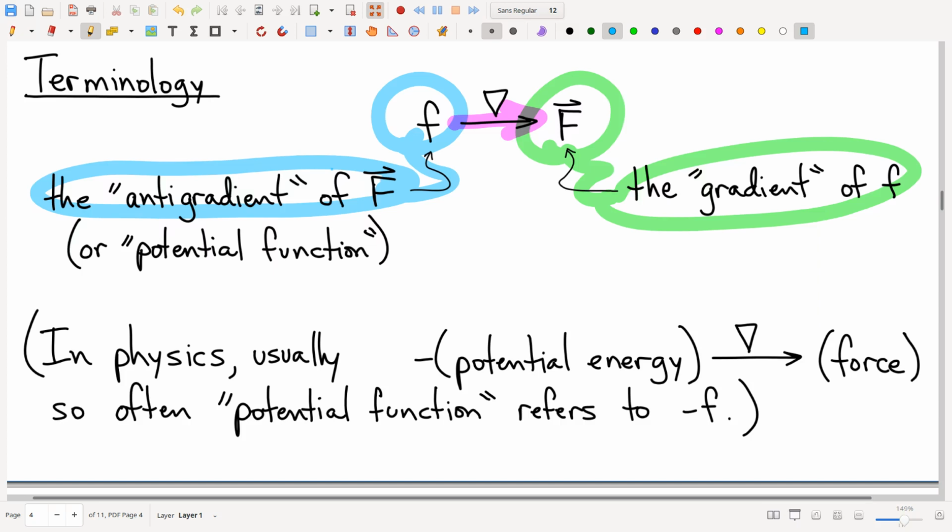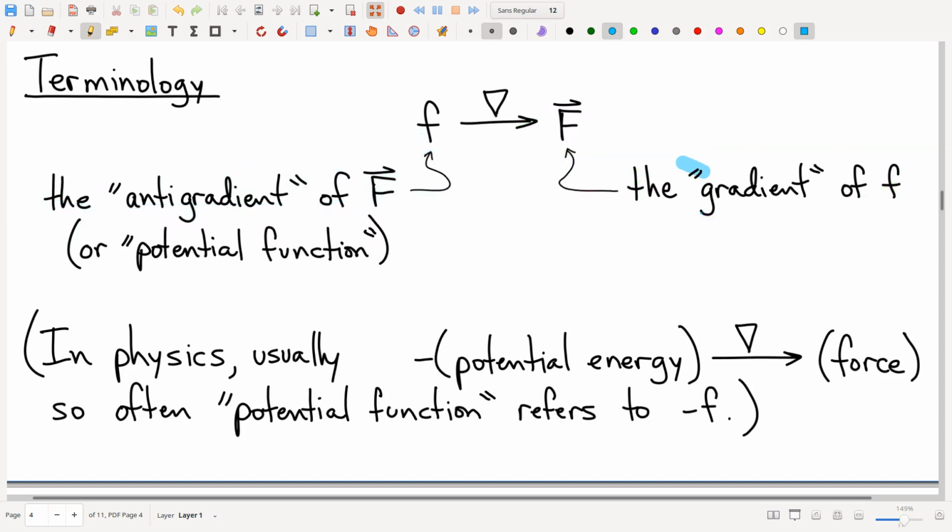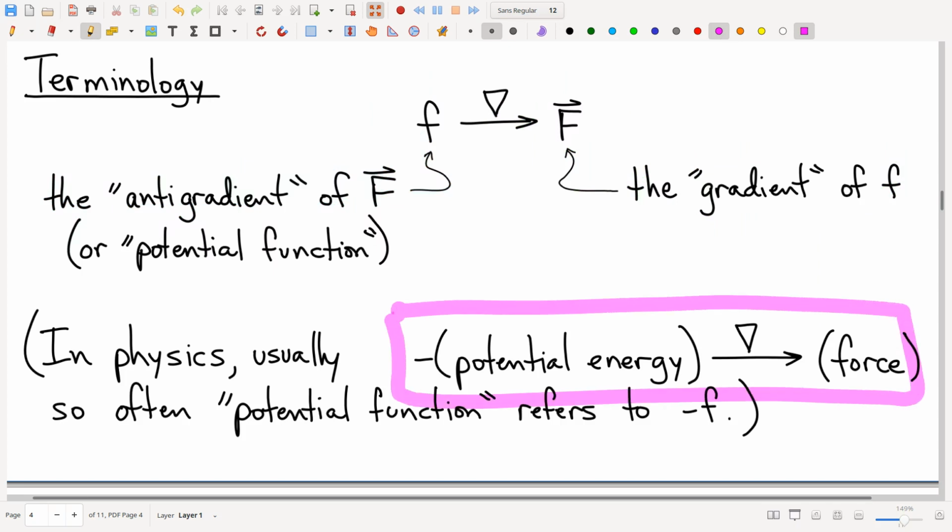I am sad to report this is not the most common terminology. So the most common terminology, I'll get to momentarily, is based on the following fact of physics: when you have potential energy and corresponding forces, then the gradient of the negative of potential energy is the corresponding force. Let's think this through with gravity.